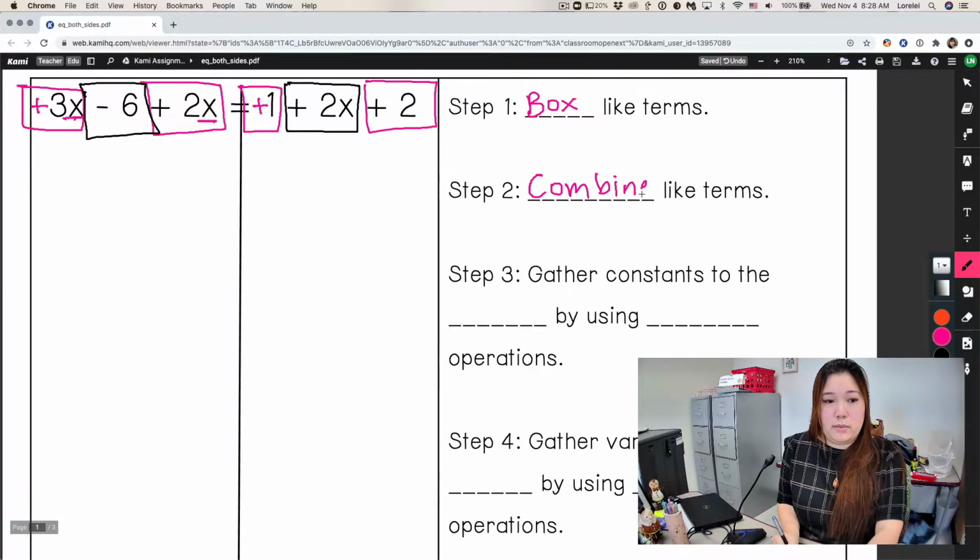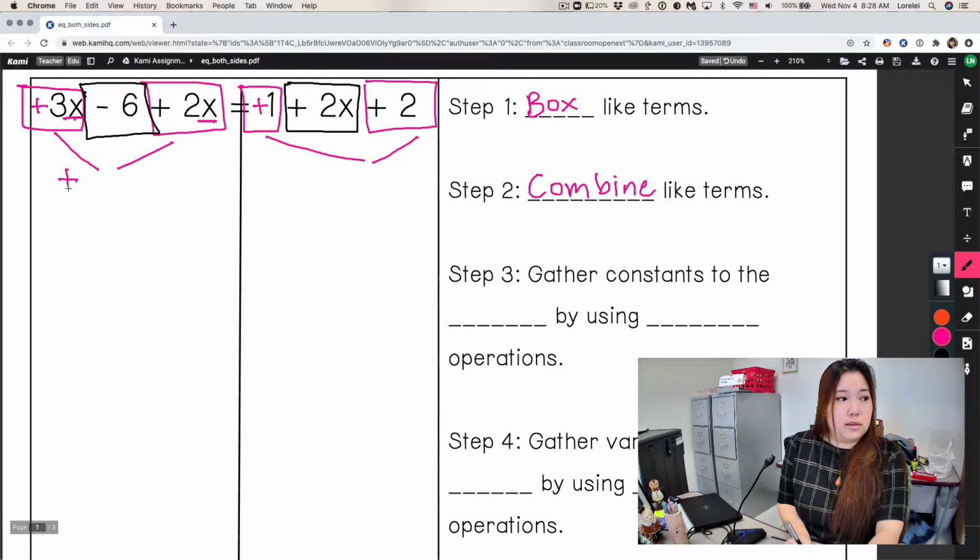This is still in pink. So just like we usually do, take these. Okay, so this becomes plus 3x plus 2x. And remember what we are doing when we combine like terms, or just when we add x's, things with variables, is we are adding together the coefficients.